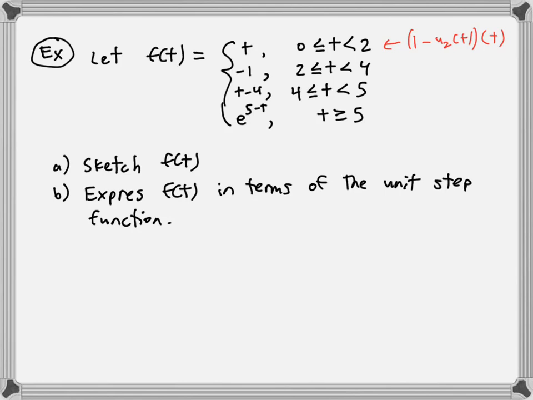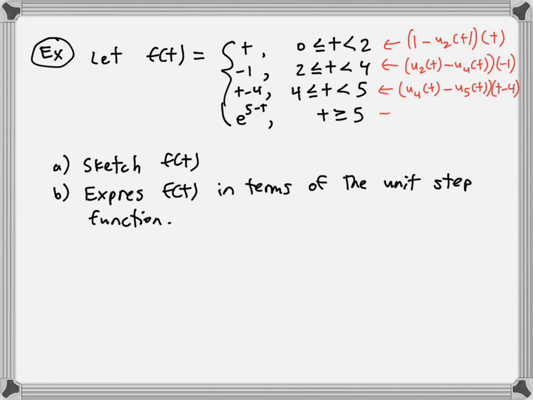Next, we're turning on at 2, and we're turning off at 4, and the function is negative 1. Next, we're turning on at 4 and we're turning off at 5, and the function is t minus 4.